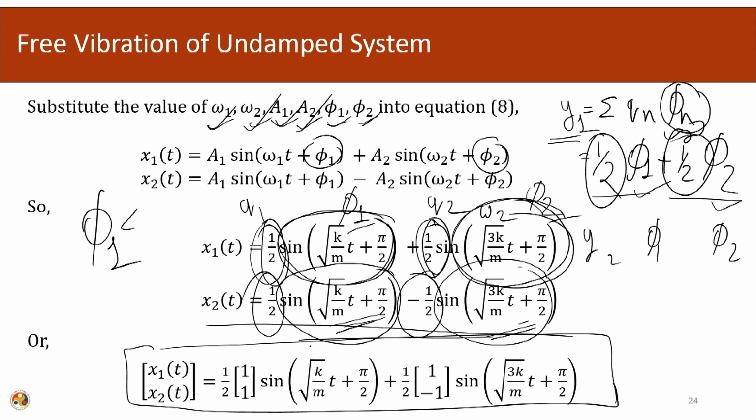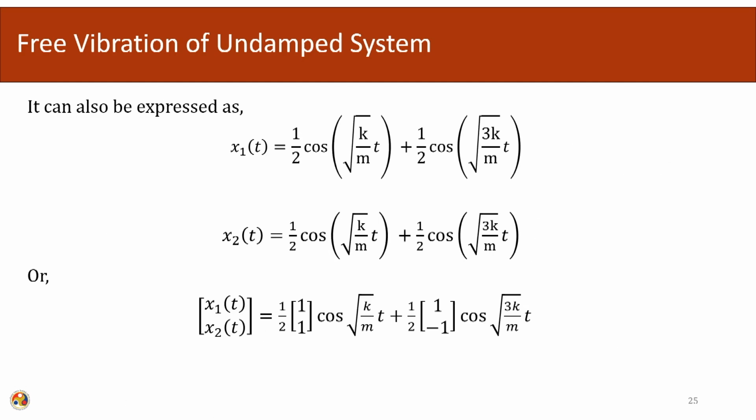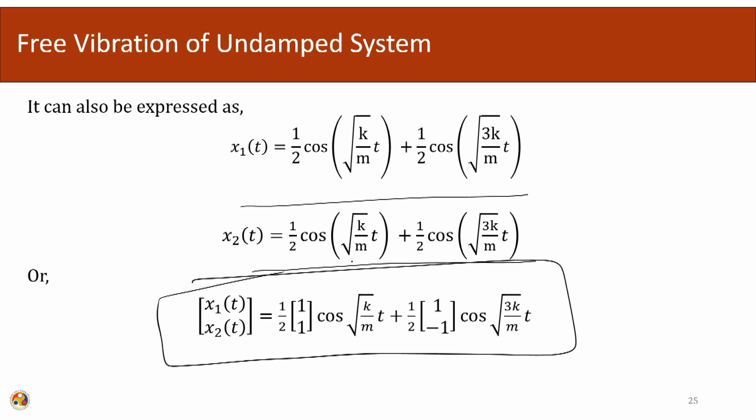So, we got the total solution of the system, and here the total solution has been written in matrix form. Using trigonometric approximation, the same thing can also be expressed in terms of the cosine function. With this, what we have done is taken an example of a 2 degree of freedom system.